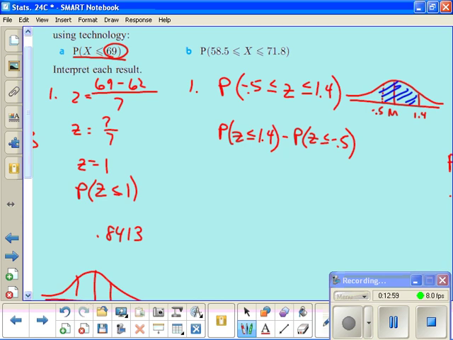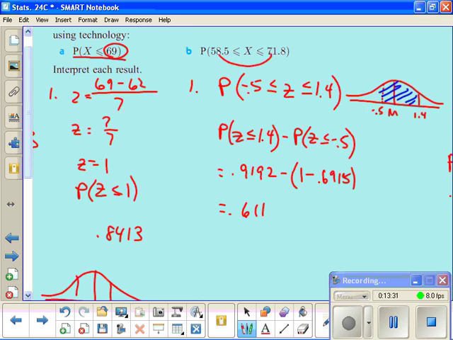Just subtract those, and from the table I get 0.9192 minus 1 minus 0.6915, which comes out to be 0.611.